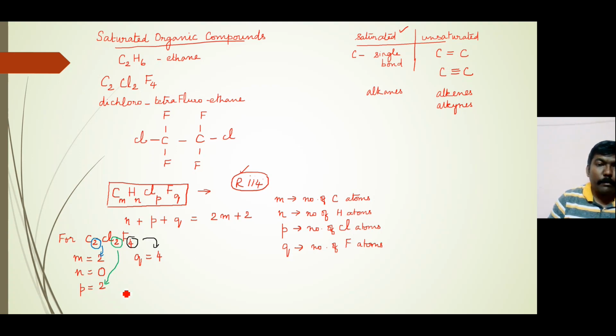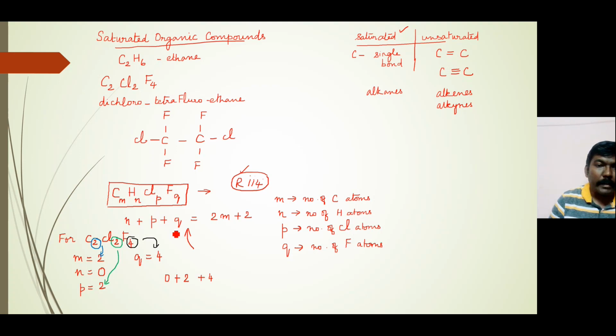Now we have given the numbers for M, P and Q. So this equation needs to be satisfied if it is going to be a saturated organic compound. N is 0, P is 2, and Q is 4.